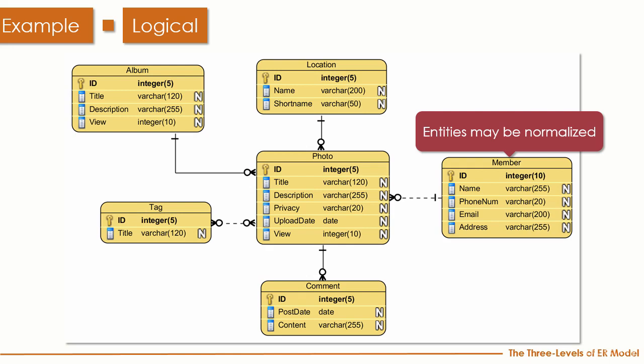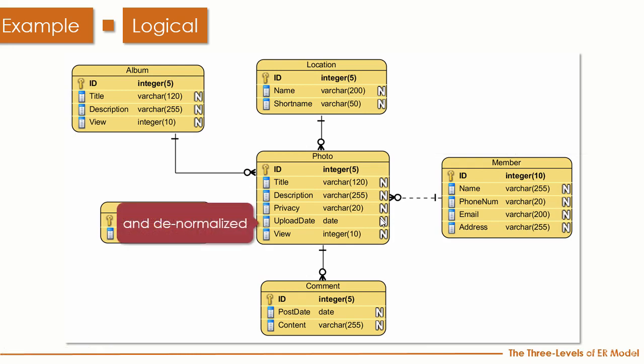You see now we separate the photo and the member into tables instead of putting all the member information into the photo entity. And sometimes we also denormalize. We may consider something like the upload date. Instead of searching all the upload history, we just store the denormalized data.